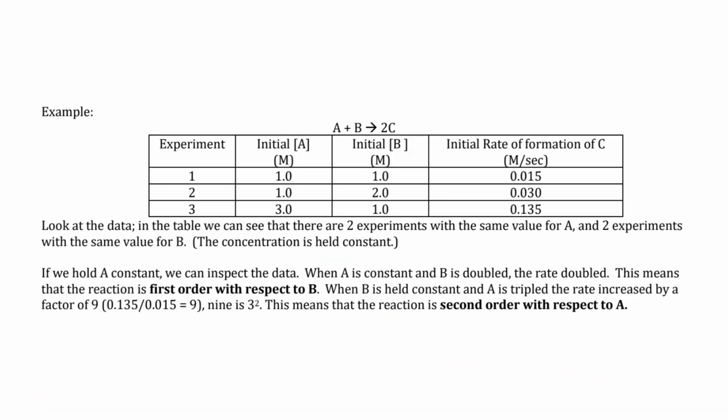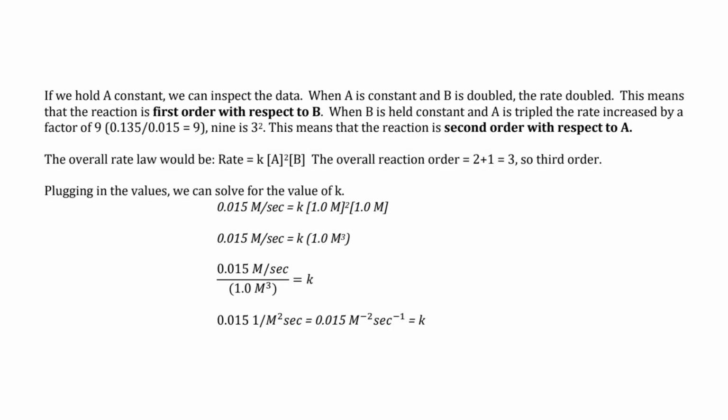If we add our rate laws together, meaning second and first, and write it out, my rate equals K times the concentration of A squared times the concentration of B. The overall order is 3, or third order.